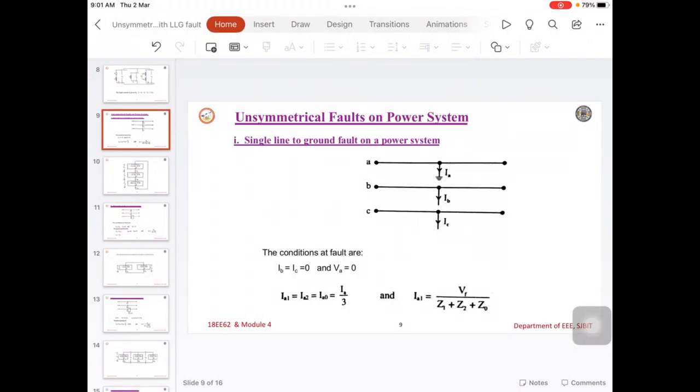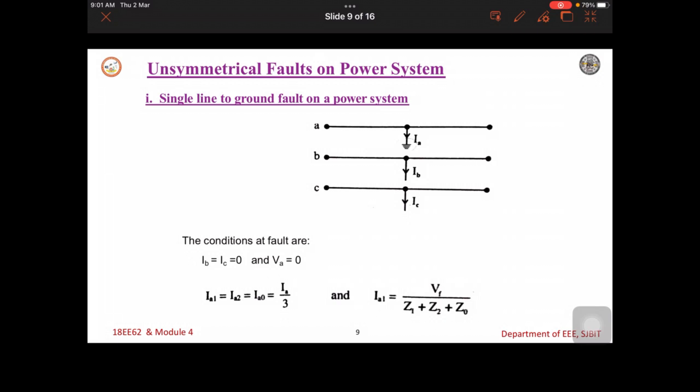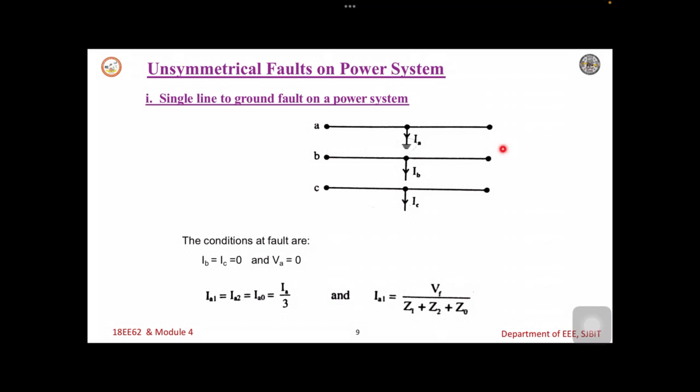After this, let us understand the unsymmetrical faults on the power system. Let us consider a single line to ground fault on the power system. See here, I have considered line A, line B, line C, and the fault is represented like this. In phase A the fault happens, it is a line to ground fault. The second and third lines are not grounded, they are just hanging, and no current flows through the hanging lines.